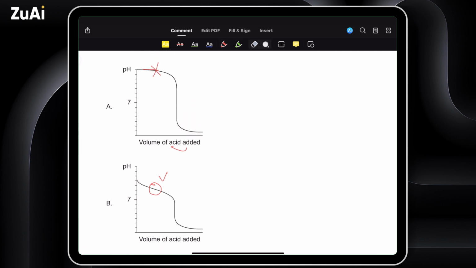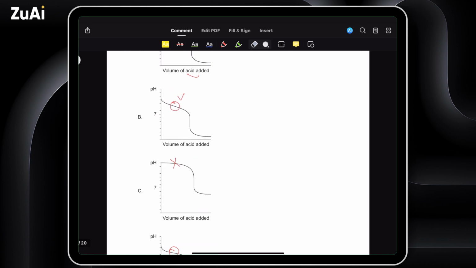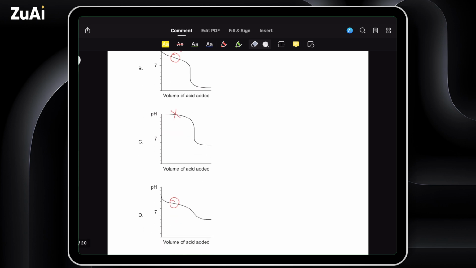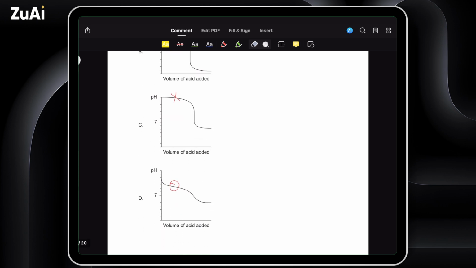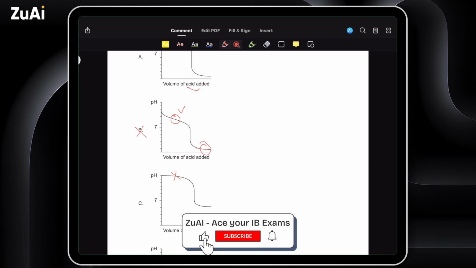Acid should have the straight line, so that's why we can say that B is the answer, because acid is straight there and acid is strong.